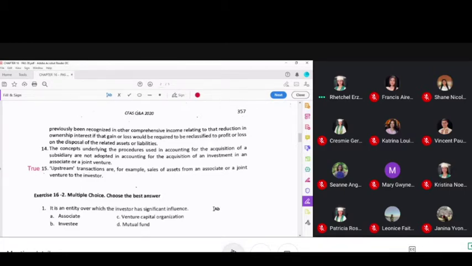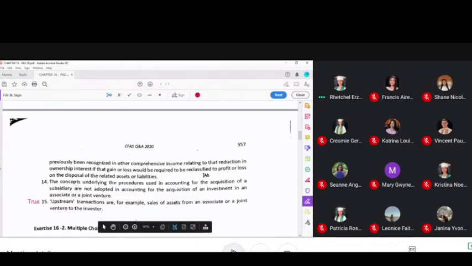It's just that there will be slight adjustments later on when you will be adjusting your investment accounts. But at this point, what's important for us to know is that the transaction will still be recognized by the investor and investee. Plus, important, do not forget the definition for downstream and upstream.